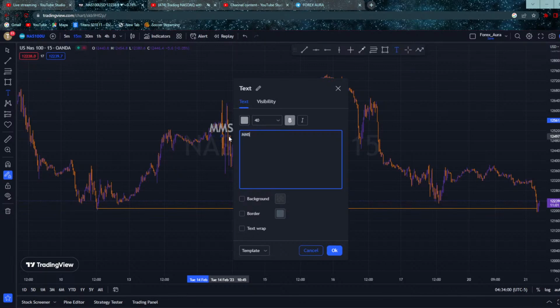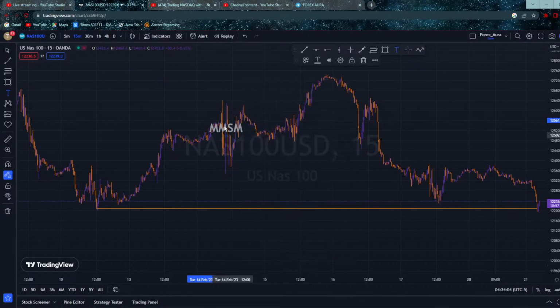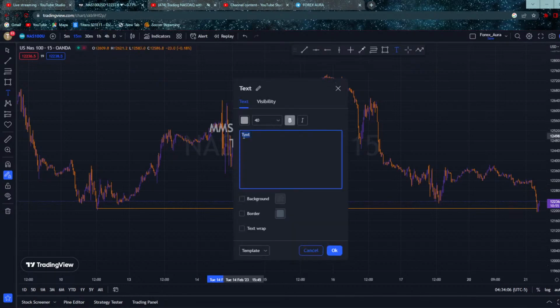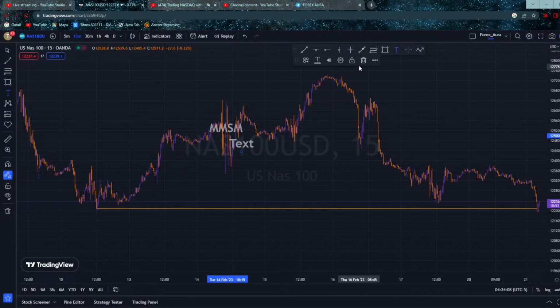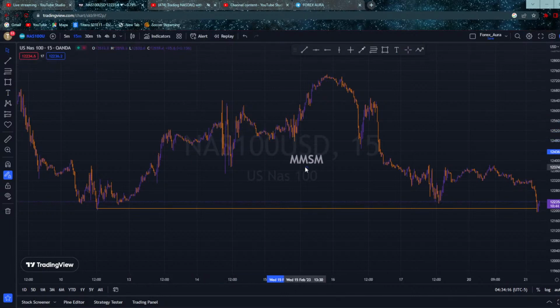MMS, market maker sell model. Most of you have forgotten about the market maker sell model. You're always looking for fair value gaps and all those, but you forget about the bigger picture, like the market maker sell model.